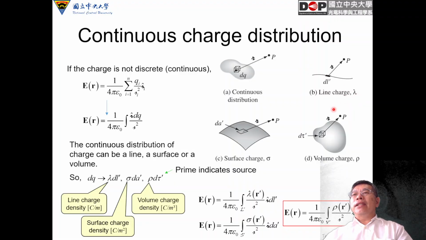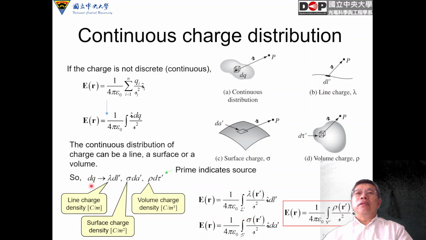This is the line charge density, this is the surface charge density, this is the volume charge density, and each has a different unit. The line charge density is Coulomb per meter, this is Coulomb per meter squared, and this is Coulomb per meter cubed.